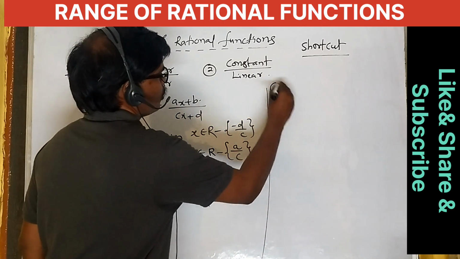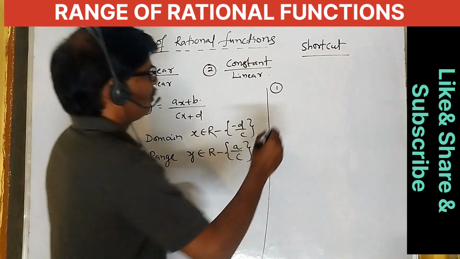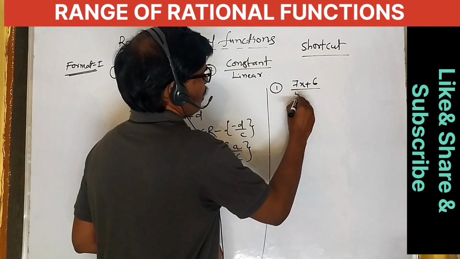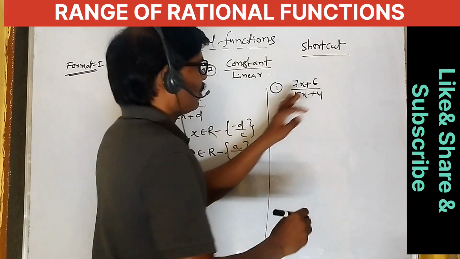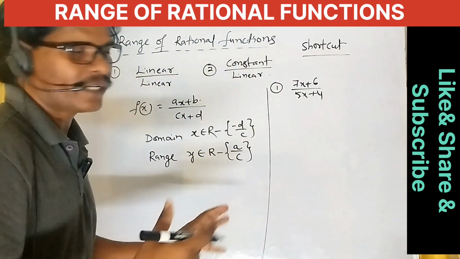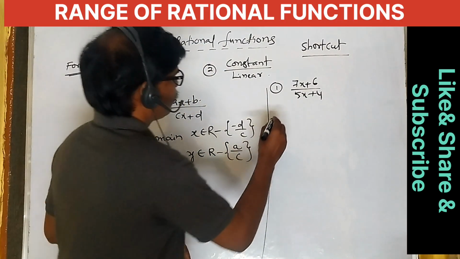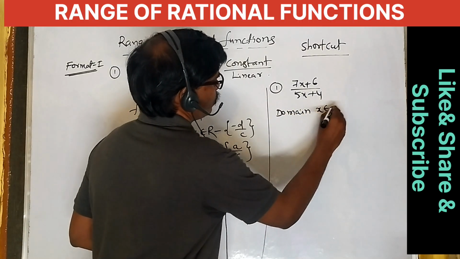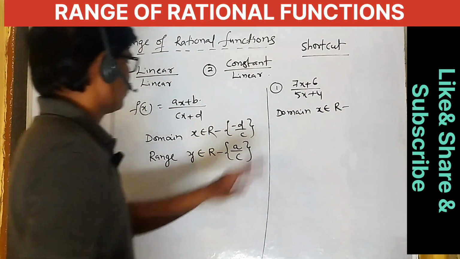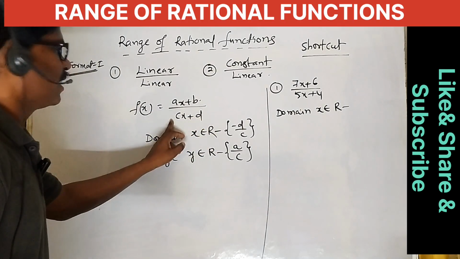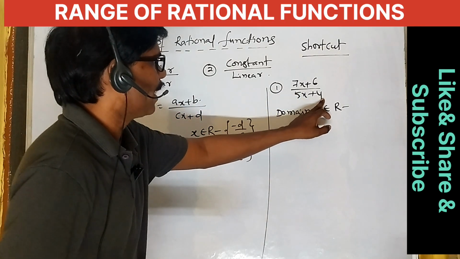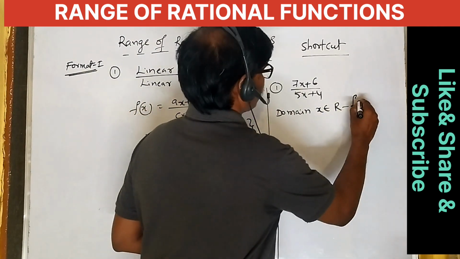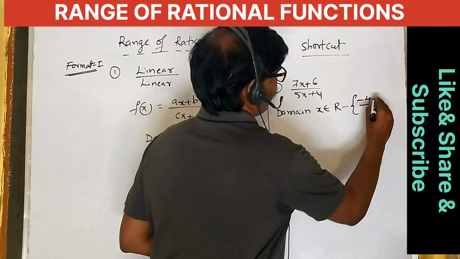Some examples. Question number 1: (7x + 6)/(5x + 4). What are the range and domain? The domain is x belongs to R minus {-d/c}. Here d is 4 and c is 5, so it is minus 4 by 5: x belongs to R minus {-4/5}.